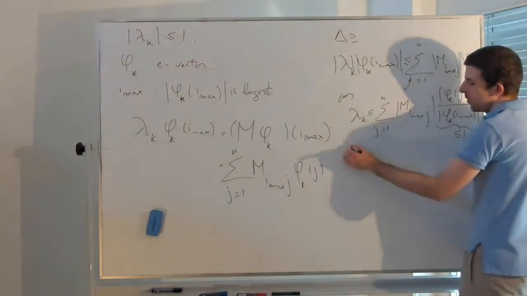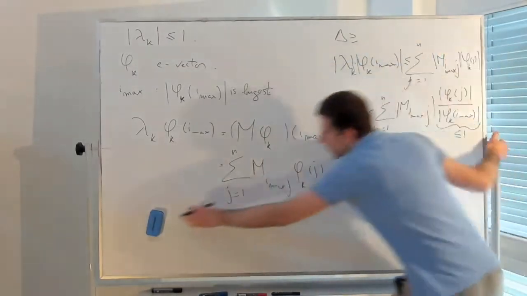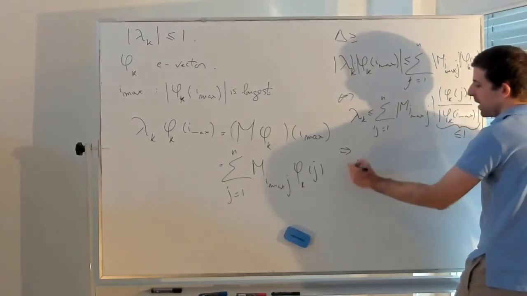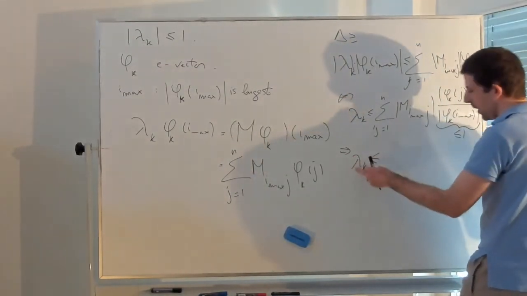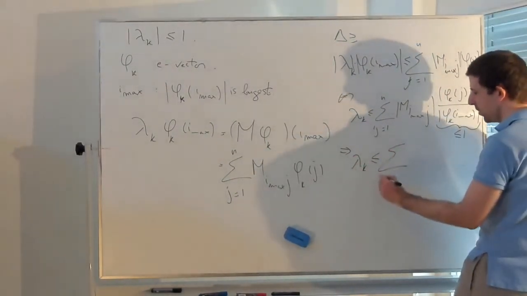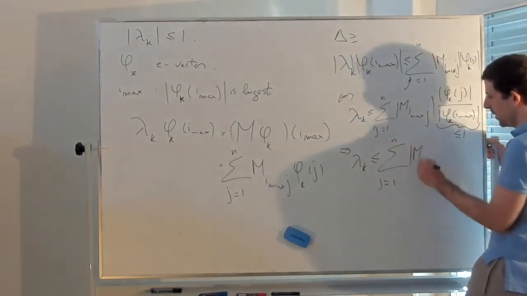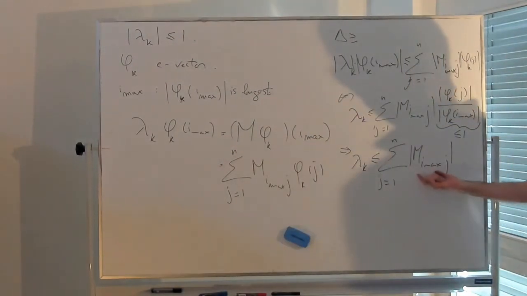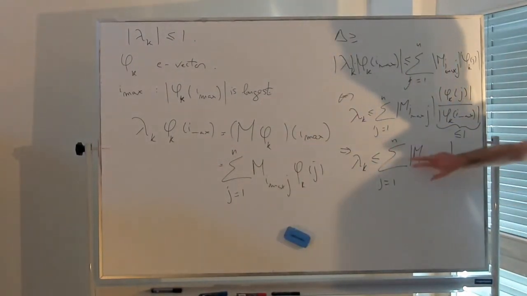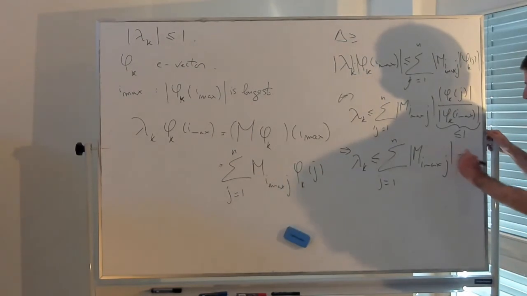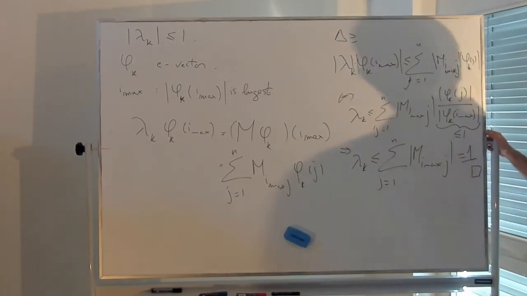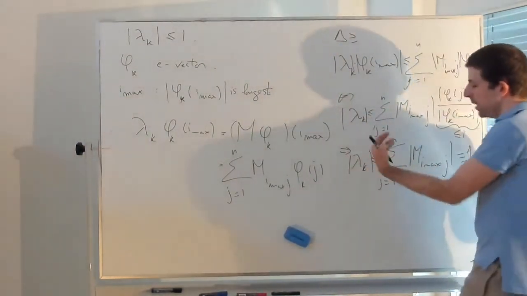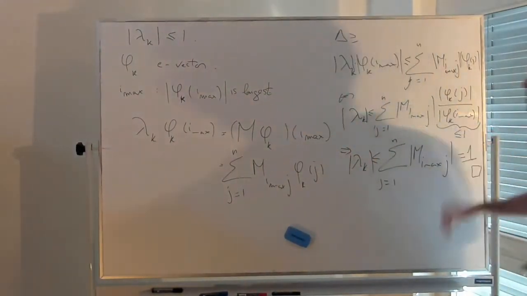So this implies that lambda k is smaller or equal than the sum over j from 1 to n of just M I max j. These numbers are all non-negative, so having absolute values or not is the same, and we know that they sum to 1. So the proof is done: in absolute value, lambda k is always smaller than 1.